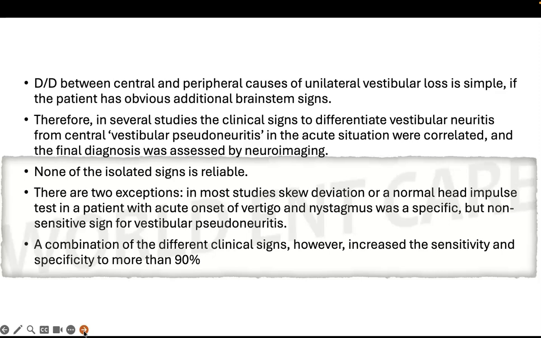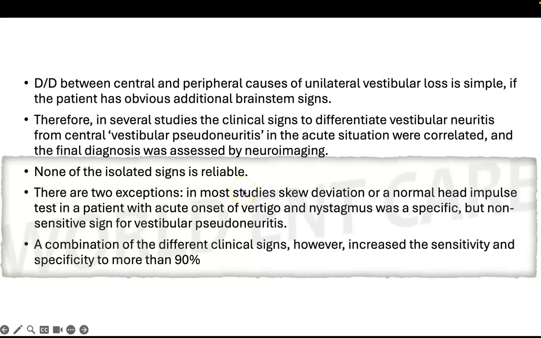Therefore, in several studies, the clinical signs to differentiate vestibular neuritis from central vestibular pseudoneuritis in the acute situation were correlated, and the final diagnosis was assessed by neuroimaging. And none of the isolated signs are reliable, like head impulse test, saccadic pursuit, gaze-evoked nystagmus, or subjective visual vertical. None of them are reliable.